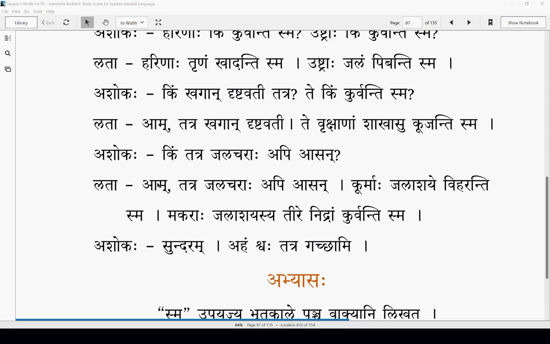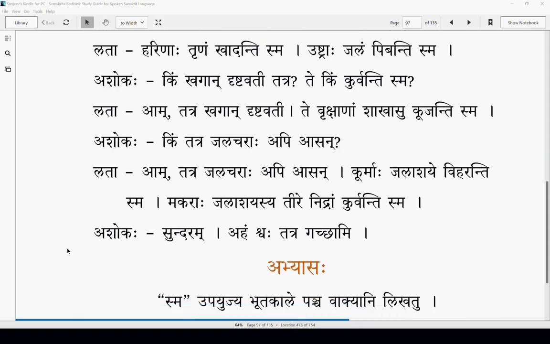We'll have to take a little pause there. Kiṃ tatra jalacarāḥ api āsan? Lata: Tatra jalacarāḥ api āsan. Kūrmāḥ jalāśaye viharanti sma. Makarāḥ jalāśayasya tīre nidrāṃ kurvanti sma. Sundaram. Aham api tatra gacchāmi.